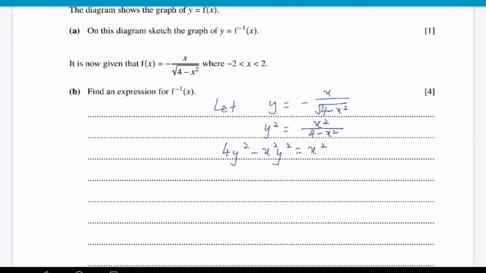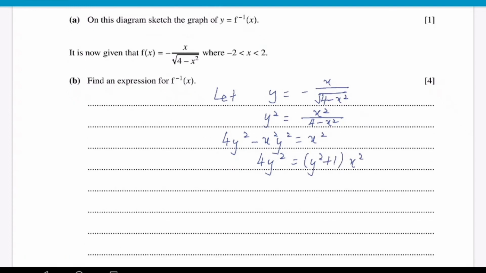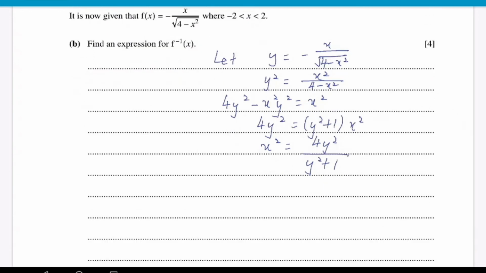Here you have to bring the terms together, which gives y squared plus 1 times x squared. Then x squared equals 4y squared over y squared plus 1. So something is happening here already.